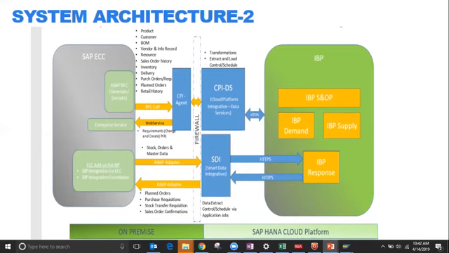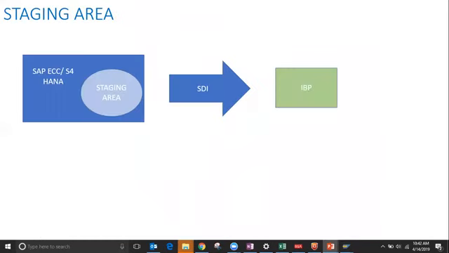One more thing to notice: whenever a supply response connection is made while installing those agents on both sides, a staging area gets created on your ECC side. To simplify how the data will flow, I have created a simple slide over here. Whatever data we have created or available in our ECC is in ECC specific tables, right?